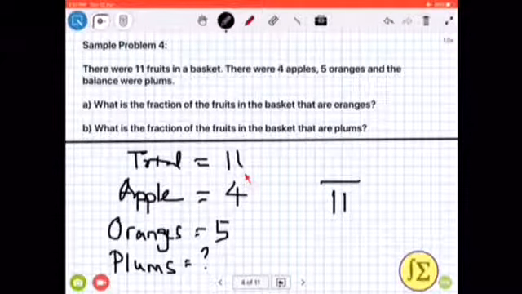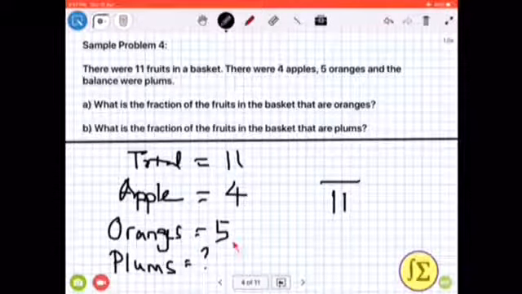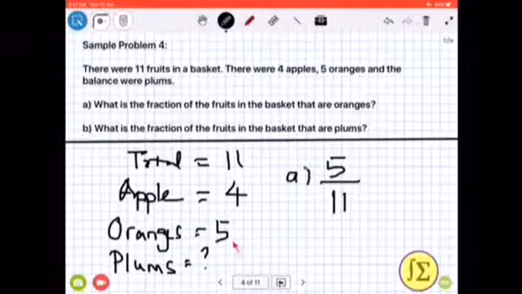Question A is the fraction of oranges. So we look at oranges, which is 5. The focus is on the oranges, and there are 5 oranges, and we put that as the numerator. So the answer for A is 5/11.